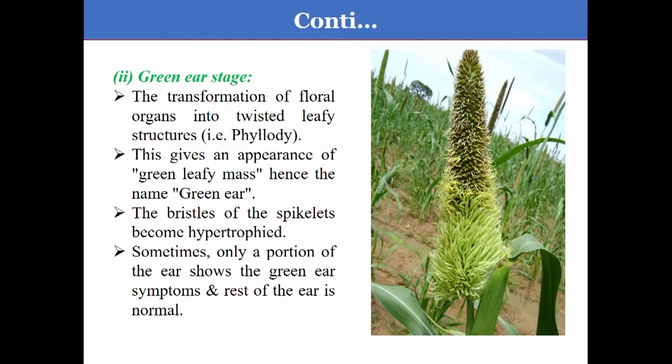Sometimes it becomes sterile, and sometimes only a portion of the ear shows the green ear symptoms. The rest is normal, you can see here the other 50% or some part of the ear head is looking just like a normal ear head, but some part is infected due to the green ear, and the leafy structures can also be seen clearly.